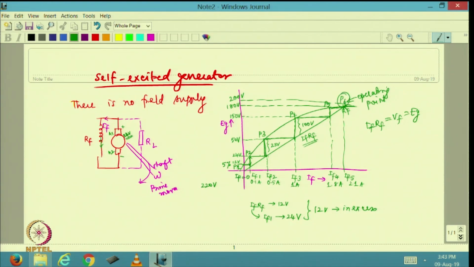So, the voltage is building up slowly because of the excess voltage that was available to circulate higher and higher field current through this. That is the reason why the voltage ultimately reached this point. Now, once it reaches this point, we can actually afford to connect the load. That is when we are going to connect the load.